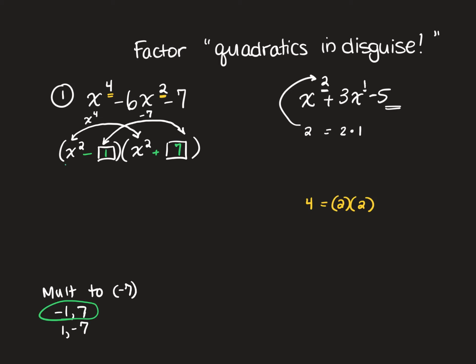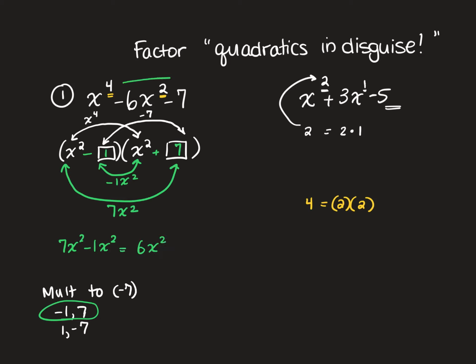Then I check my outside terms and my inside terms. When I multiply my outside terms, I get 7x squared. When I multiply my inside terms, I get -1x squared. If I add 7x squared and -1x squared together, I get +6x squared.